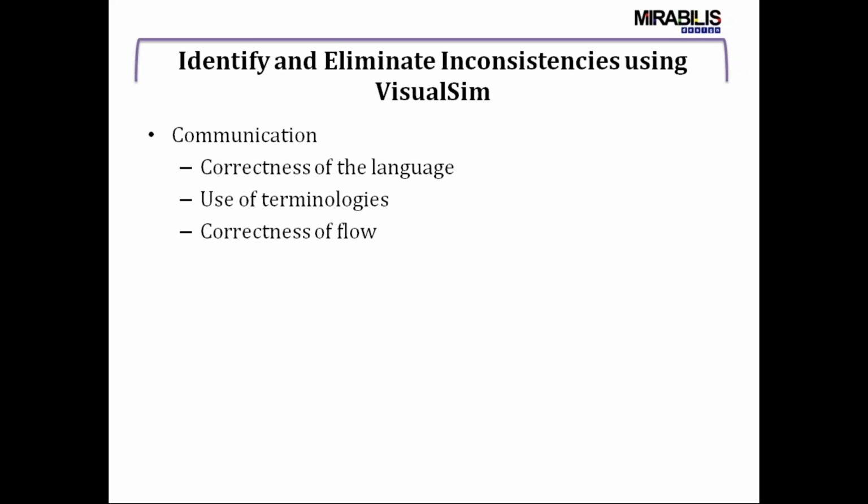For example, the way you define the specification of the product or the system itself, the type of terminologies that you use to explain the concepts, and also the correctness of the flow which is defined in the document. All these factors must be considered and defined in a specific and correct way to make sure that communication related problems will never come into the picture.